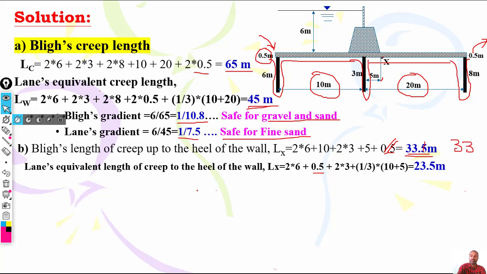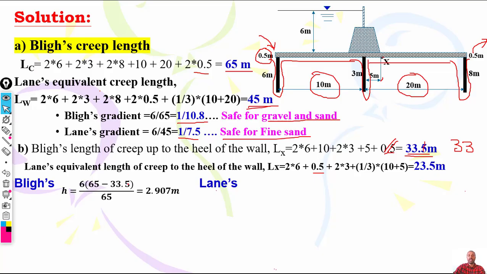So according to Bligh's theory, you can interpolate the hydraulic head. The hydraulic head is like this. As the 2 points, you have here at this point already, you can find at this point, then at x point will be at this point, at x.